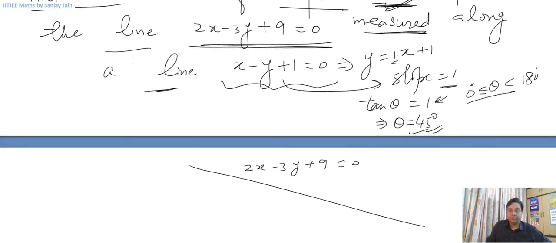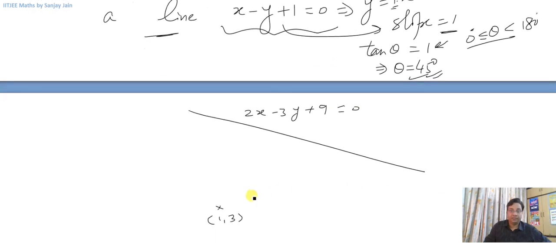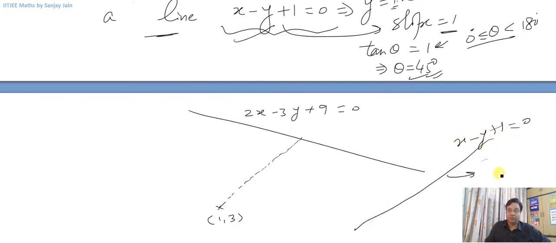And we are going to measure a distance along this line, let us say this is the line x minus y plus 1 equal to 0. It has got a slope of 1, so it is inclined at 45 degrees with the positive direction of the x-axis. Right. So we want to find this distance here.